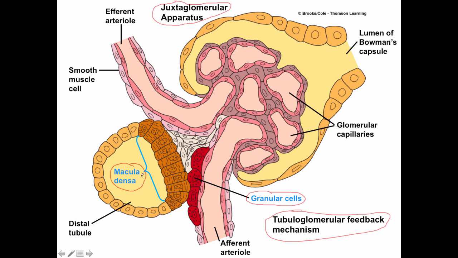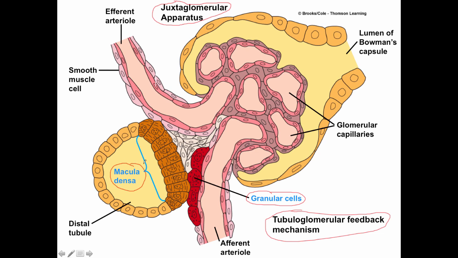Now, let's say we have an increase in arterial blood pressure. An increase in arterial blood pressure will cause more blood to enter the glomerular capillaries. Capillary blood pressure will go up, GFR will go up, and the rate of fluid flow through the distal tubules will go up.